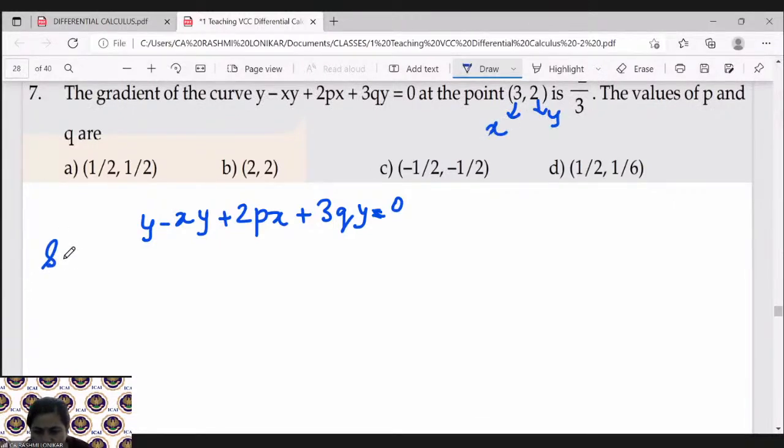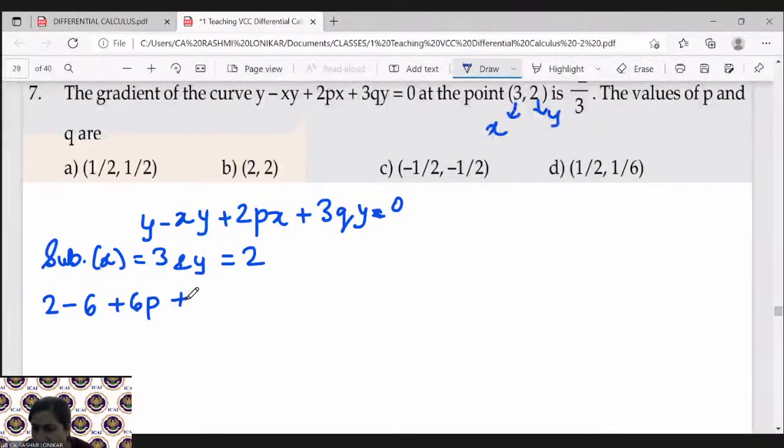This is the value of x and this is the value of y. So substituting x equal to 3 and y equal to 2, I get 2 minus 6, 2 into 3 is 6, plus 6p plus 6q is equal to 0. Okay, y is 2, minus xy will be 3 into 2, 6, plus 2p into 3, so that is 6p. 3 into y is 2, so 6q is equal to 0.